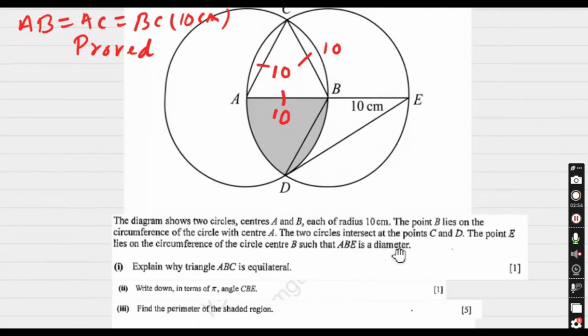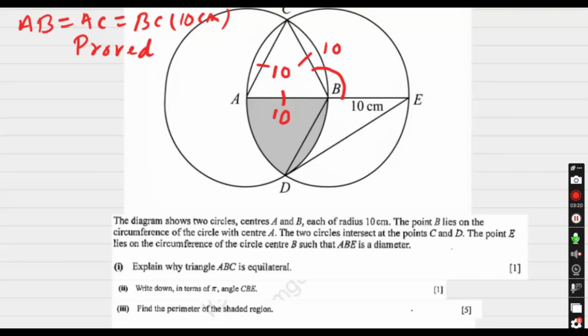The next part is, write down in terms of pi angle CBE. Angle CBE. So you know, in an equilateral triangle, all sides are equal and all angles are equal.